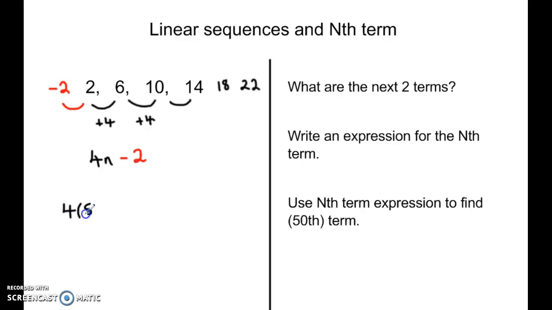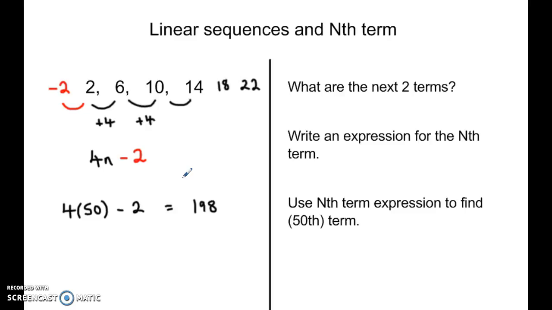So instead of writing 4 times n, I'm going to write 4 times 50, take away 2. So 4 times 50 is 200, subtract 2, and we get the answer 198. So without counting all the way up to the 50th term, we've used a bit of algebra here to work out what the 50th term is going to be.